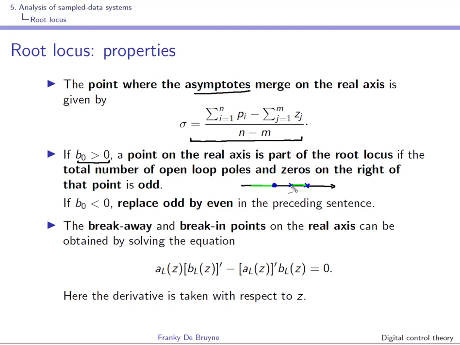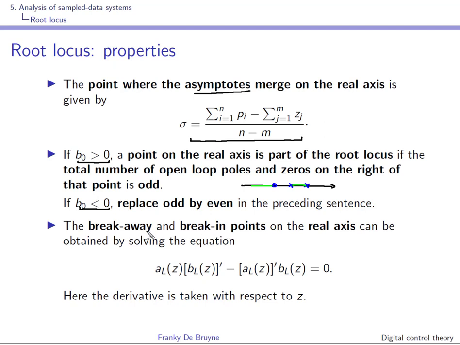Here to the right of that point you have 1 pole, so the condition is satisfied as well. If you have b0 negative, you have to replace odd by even in the previous sentence.